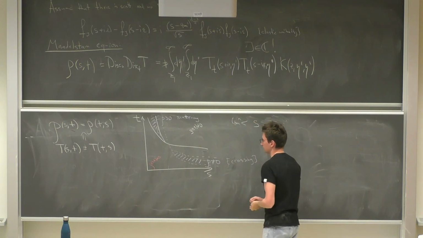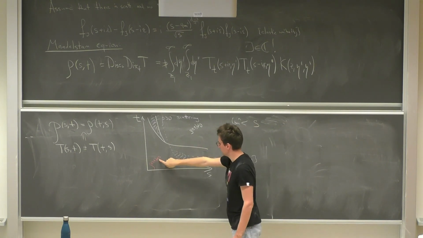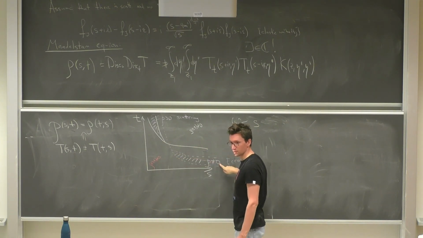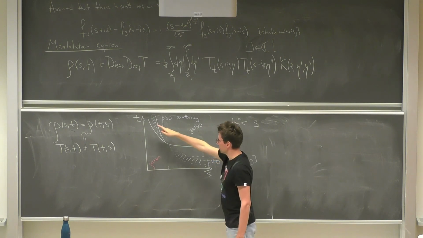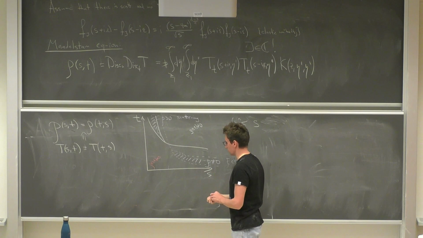And now you see we are done. We arrived at the contradiction. We said that rho is 0 here, and here we say that rho is non-zero. And the contradiction came from crossing and from applying this equation here, and this assumes no production.